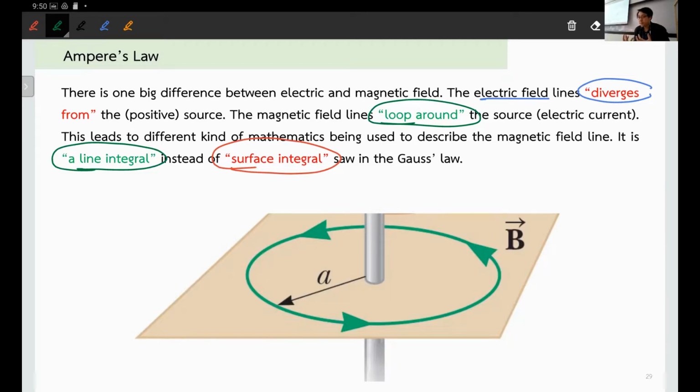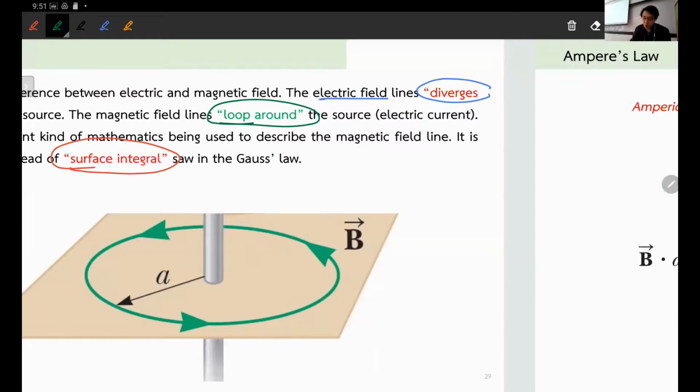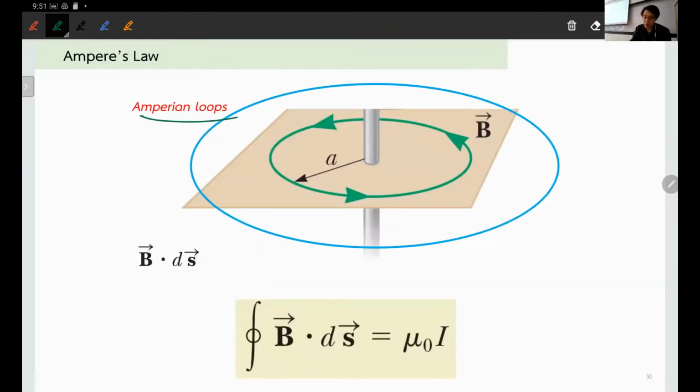Okay, sounds good? So you start with a loop, and you imagine your own loop, just like you imagined your own surface back in the day of Gauss's law. So the idea is you come up with your own loop and you try to calculate how much of the magnetic field is actually right along your loop.